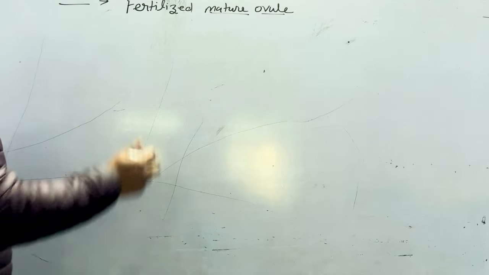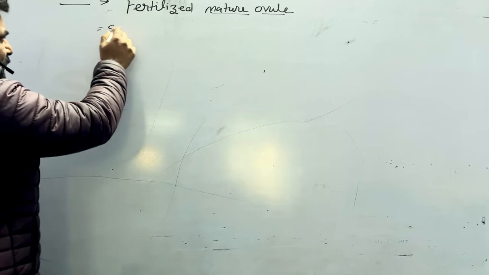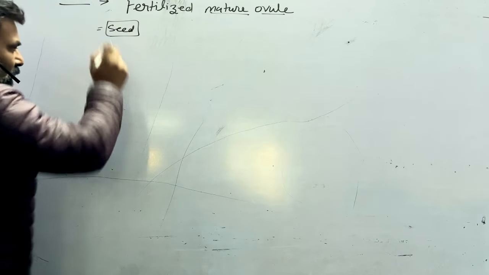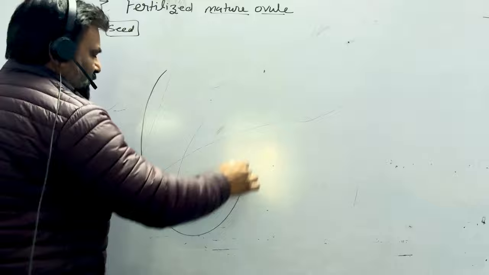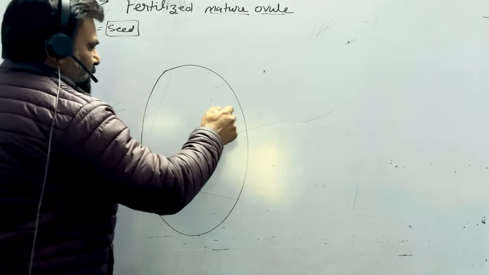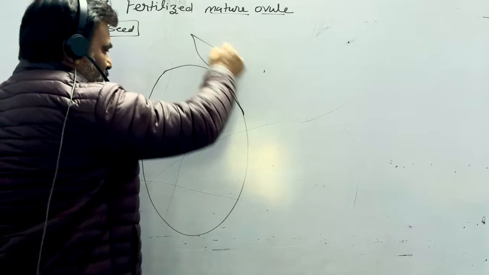After fertilization, the ovule is converted into a seed. Now let us discuss what changes take place in a seed.